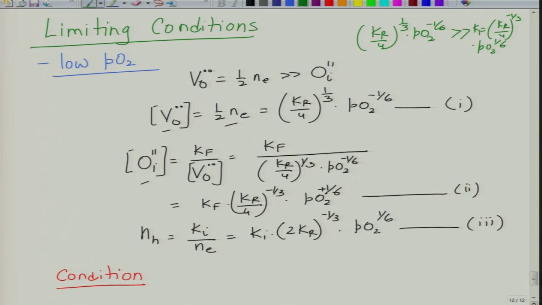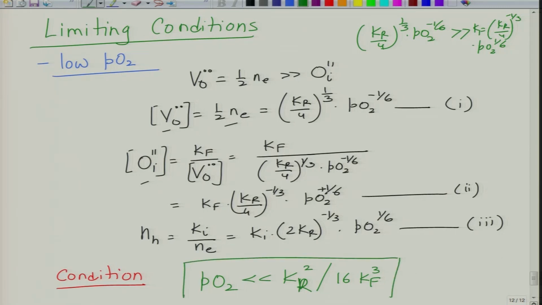You have only three terms here, one is Kr, second is Kf, and third is PO2. So, we will get PO2 must be less than Kr square divided by 16 Kf cube. This is the relation that you will get.